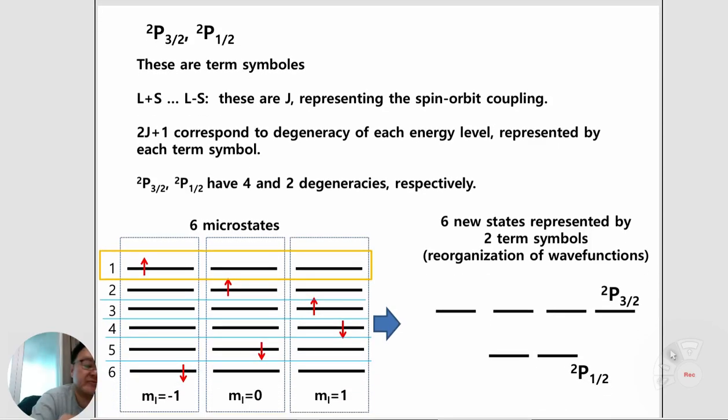We have derived these two different term symbols, each one representing an energy level. J goes from L plus S to L minus S, either 1/2 or 3/2. This J represents the spin-orbit coupling. The orbit corresponds to the angular motion: an electron is making angular motion around the nucleus.